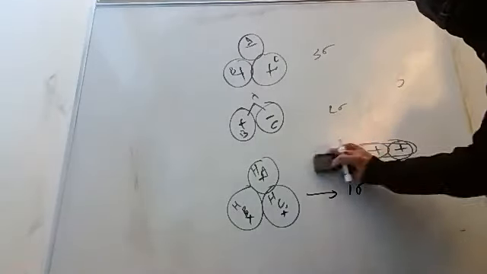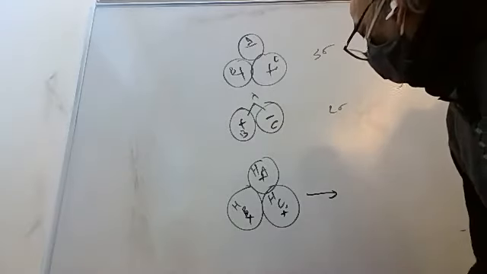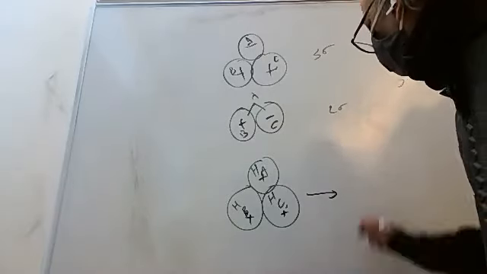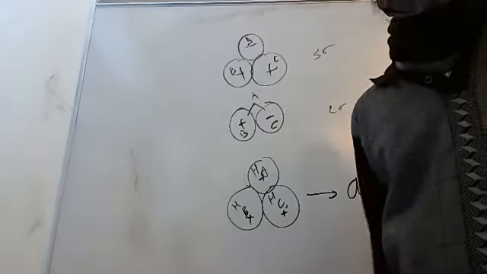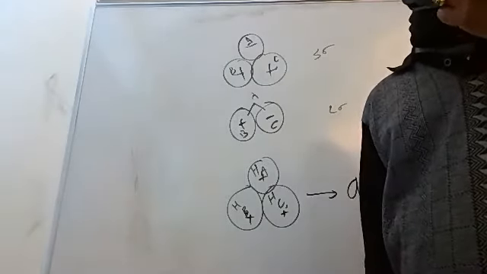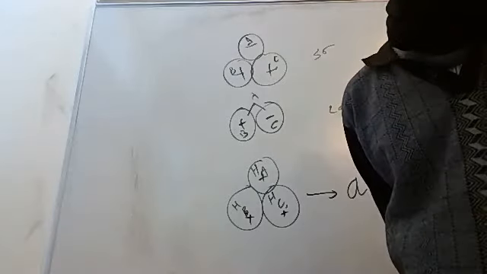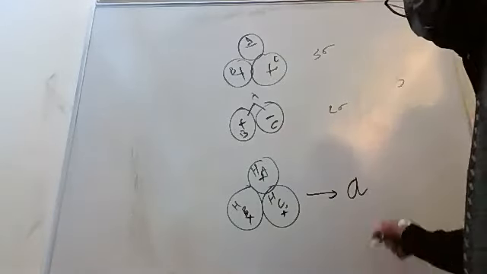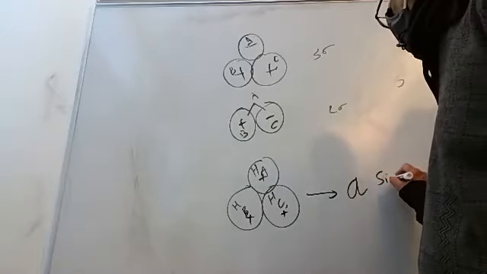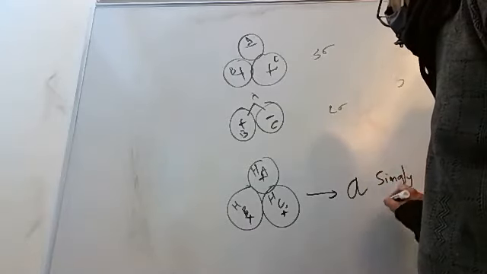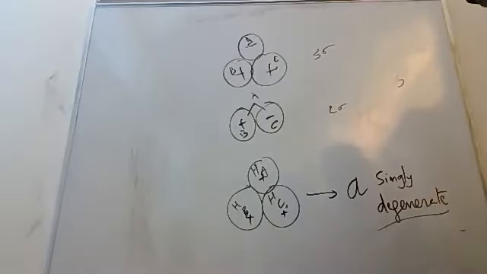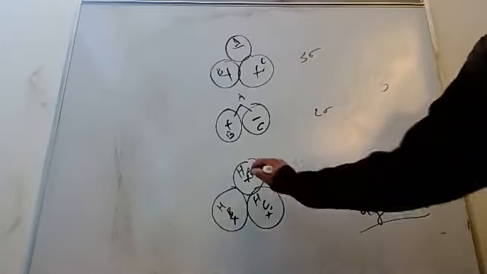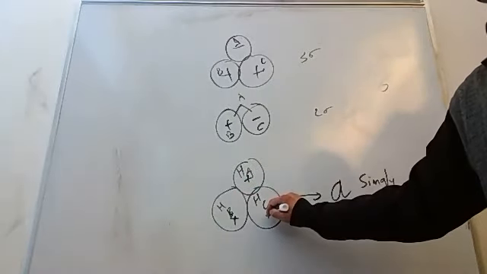So instead of calling it 1 sigma, we will call that A, the first state. And A is simply called singly degenerate. Singly degenerate means there's only one state that is possible, because you can't have multiple states with 3 positives here.